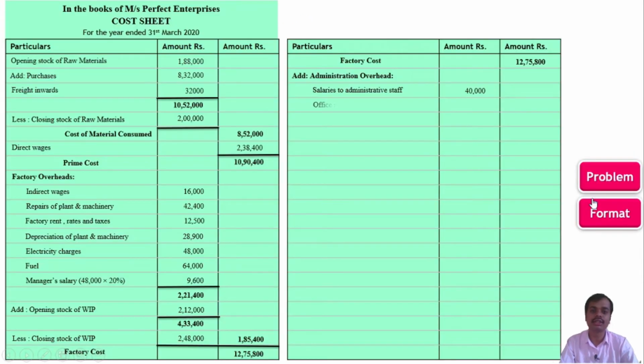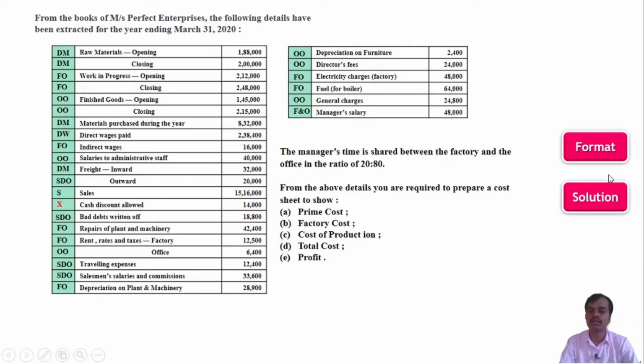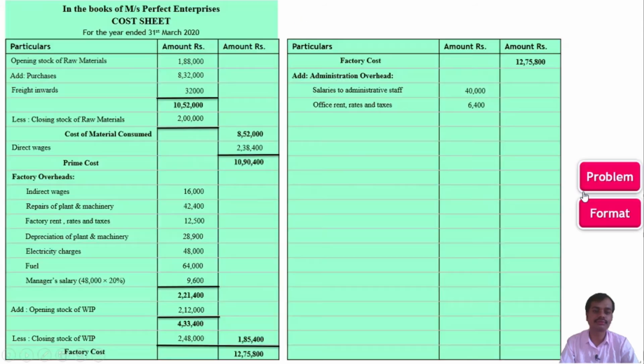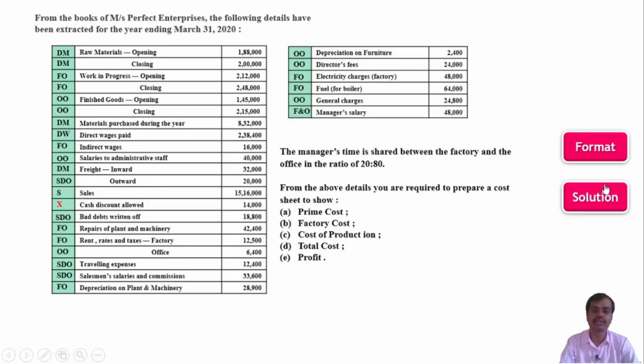Let's take office rent rates and taxes 6,400. Next item of office overhead, here depreciation on furniture 2,400. Let's take depreciation of furniture 2,400. Next item, directors fees 24,000.